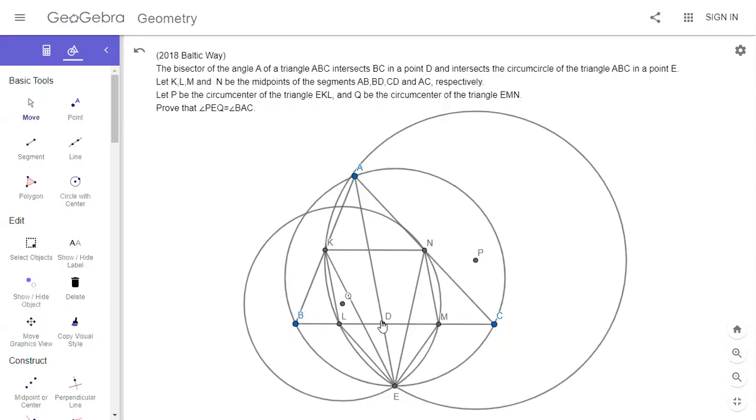BL is equal to LB, and DM is equal to MC. So yeah, there's a lot of equal segments here. Maybe it'll even be worth drawing this point.